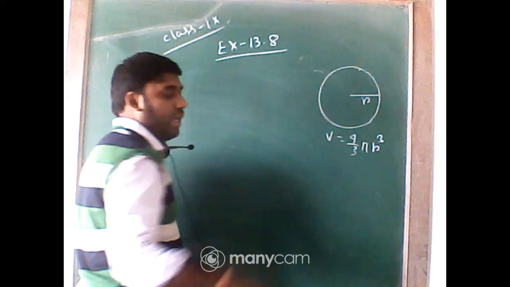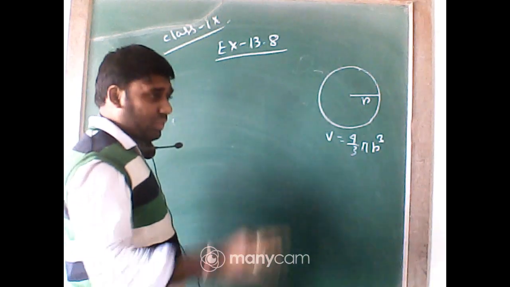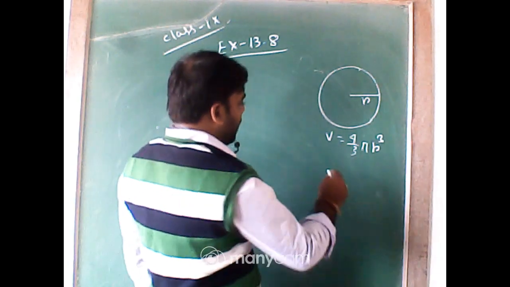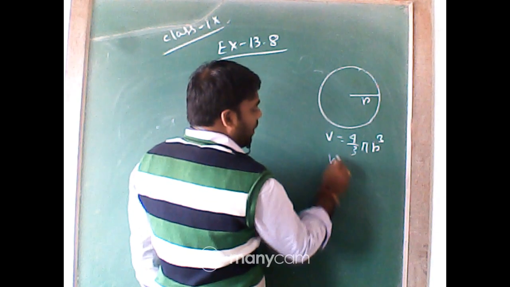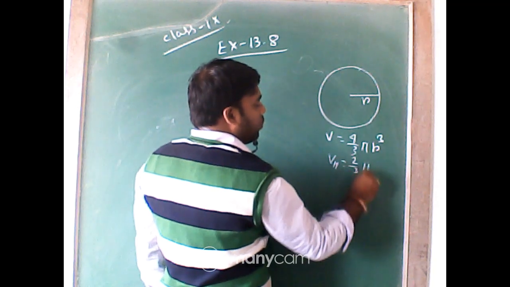If it is a hemisphere, the volume is 2/3 pi r cube.